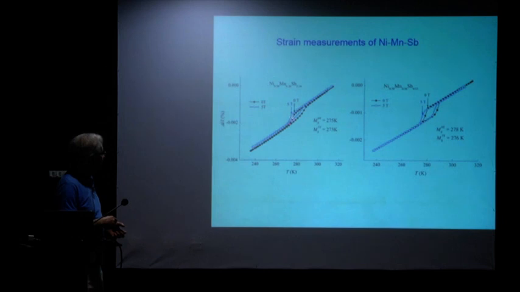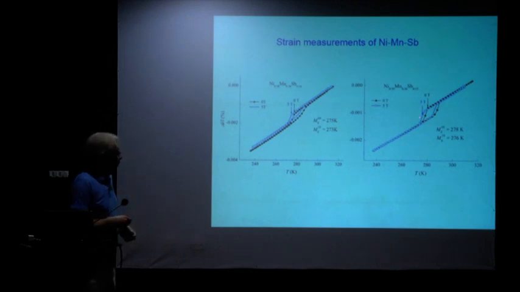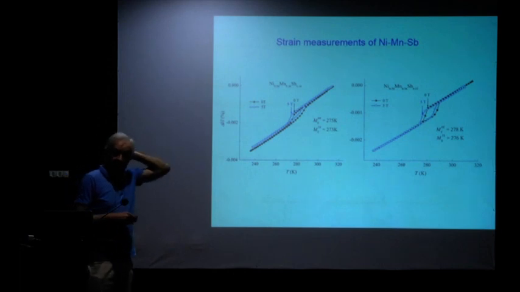And what you see here is that the change in length is not much different for the both. And here also, you see that whether you measure in 0 Tesla or 5 Tesla, there doesn't seem to be much difference.